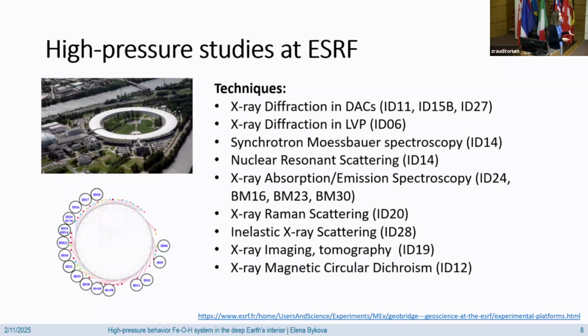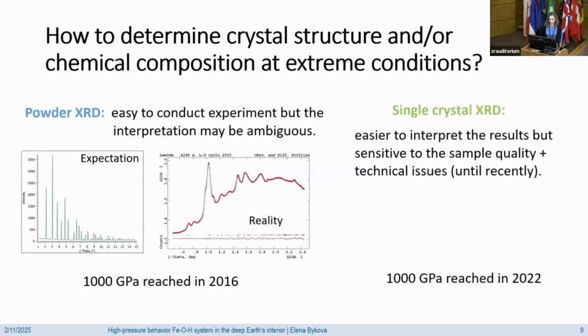And the major techniques are typically diffraction, synchrotron Mössbauer spectroscopy, Raman scattering, nuclear resonance scattering, absorption and emission spectroscopy, and so on. So I will talk mostly about diffraction methods and how one can apply them to study the chemistry in diamond anvil cells and various chemical processes.